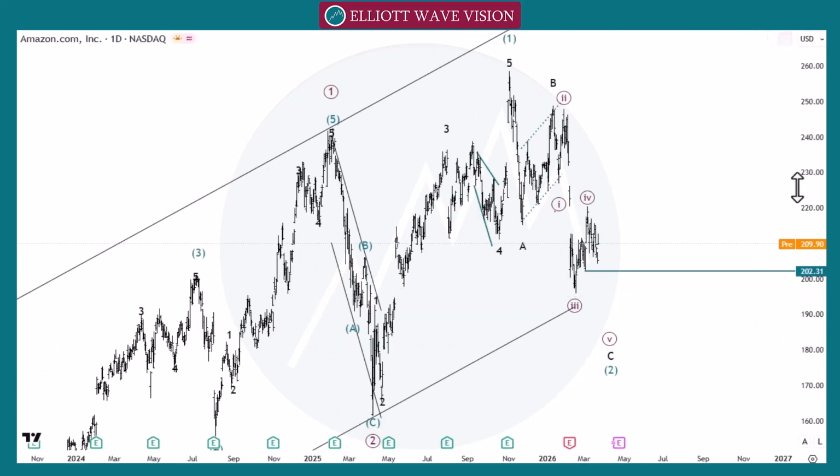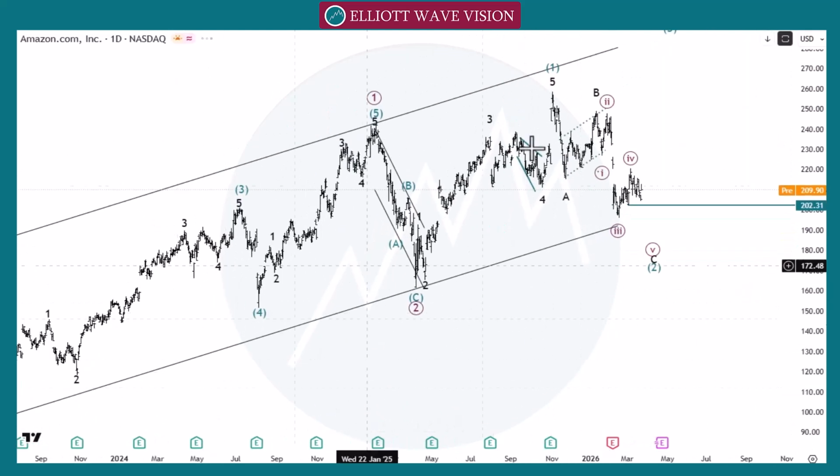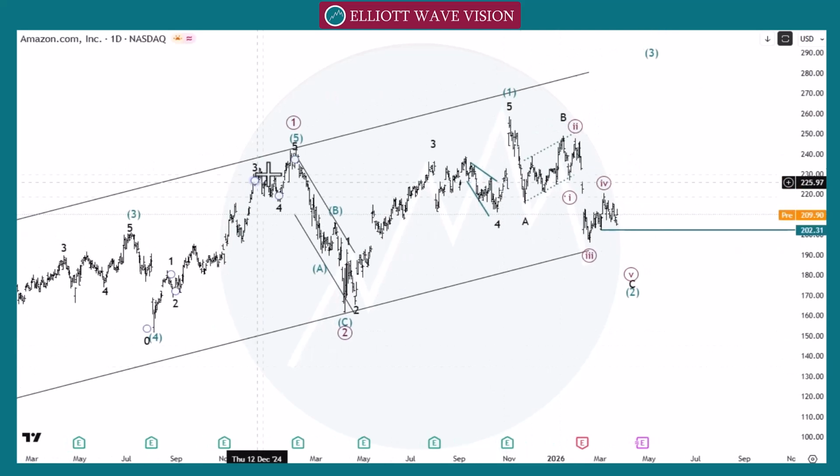So in Amazon, we count this structure as a brown wave 1 at this point, then brown wave 2, green wave 1 and green wave 2, or we can count this move as a wave B and wave C towards the 160. We can count differently like A, B and C as a flat pattern, 1, 2, wave 3, wave 4 and wave 5.